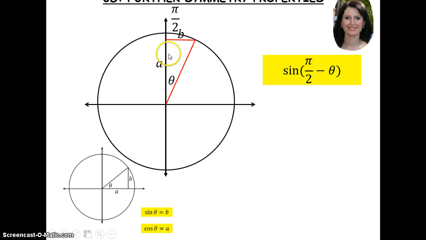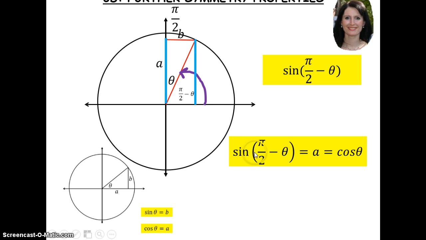So if that's the case, we can say that sine of pi on 2 minus theta, so this angle here, the length for sine is going to be A, isn't it? Because as you can see, it's the same. I've drawn that in blue, so it's easy to see.